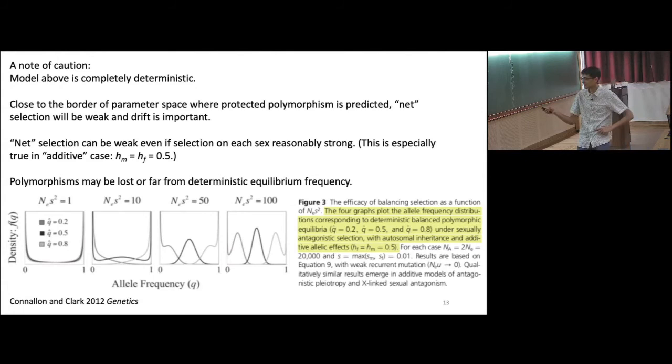So that's a caveat: those deterministic models might tell you that you're maintaining variation, but if you have ignored genetic drift, the opposing selective forces might on their own have maintained polymorphism, but they're not enough to maintain it in the face of genetic drift as well.